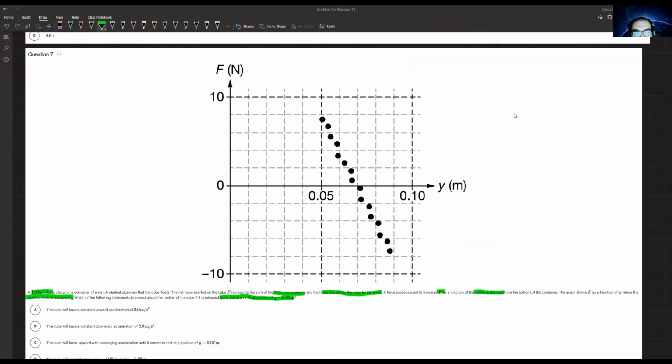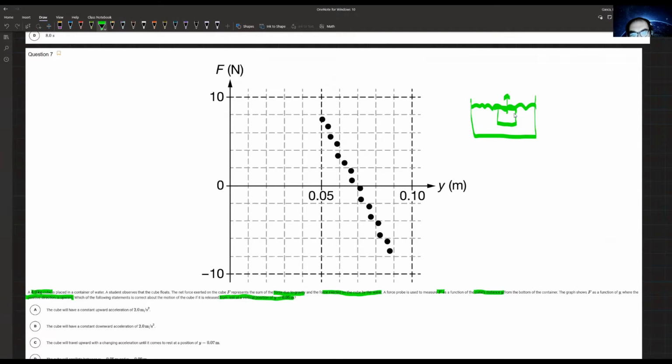Well, if we notice, the force is going to change as this object moves in different positions. So for instance, when it is 0.5 meters from the bottom, maybe it's something like this here, and we hopefully know that a cube tends to float. So it's going to experience a force that points up.